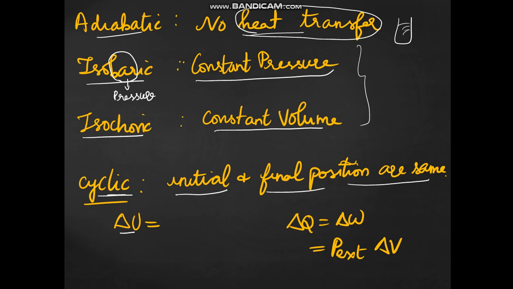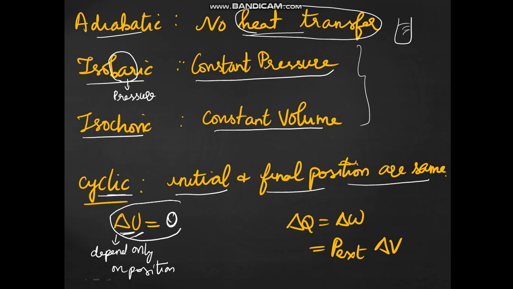So remember that delta U is the change in internal energy. Internal energy depends only on position. So if the initial and final positions are the same, there will be no change in the internal energy and it is zero.